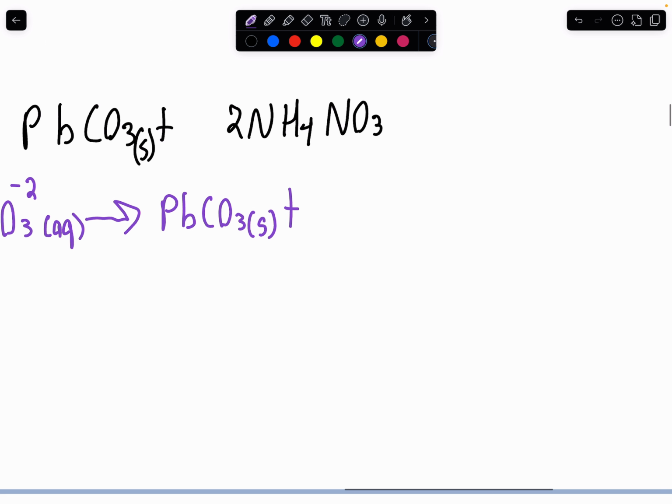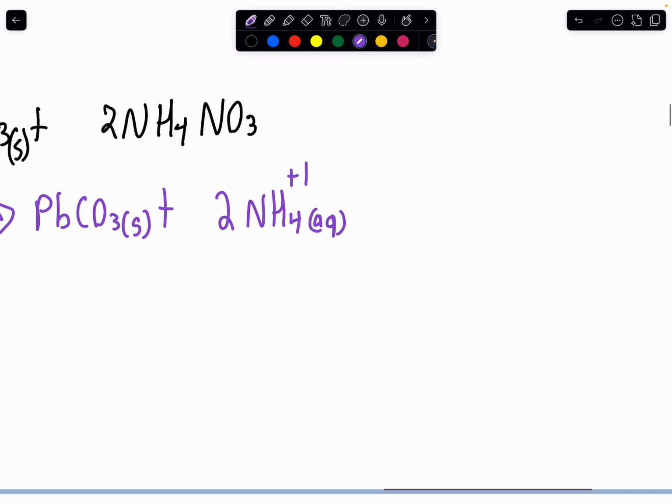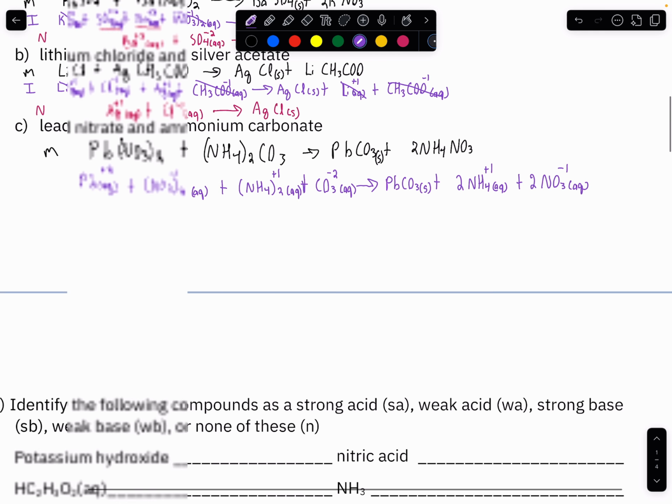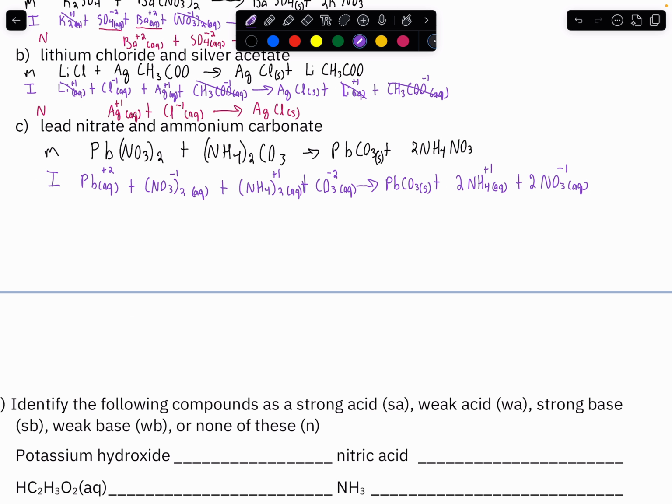I'm running out of room here. 2NH4 aqueous +1, plus +2 NO3 aqueous -1. So then we can go back and look at our full thing. We can cross out our nitrate and our ammonium.